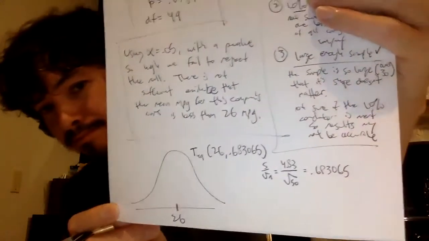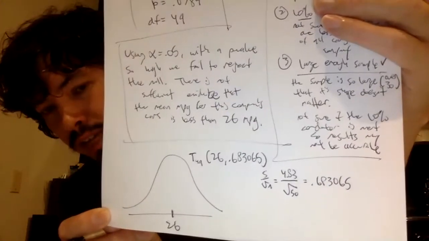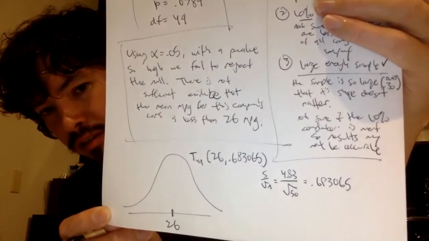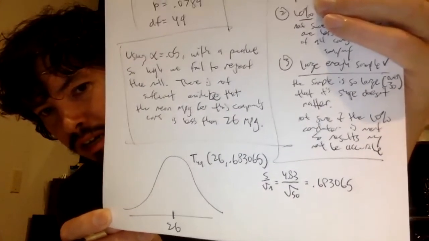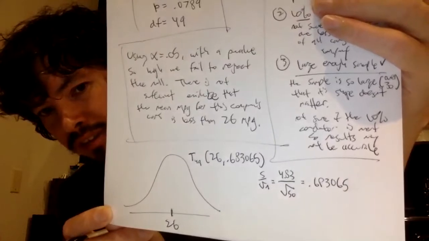Which is 0.683065. I don't like to round to my final answer. Okay, there we go. So there's my sampling distribution. T model, 49 degrees of freedom, centered at the null, 26, with my standard deviation there, my S over square root n, which is 0.683, okay?